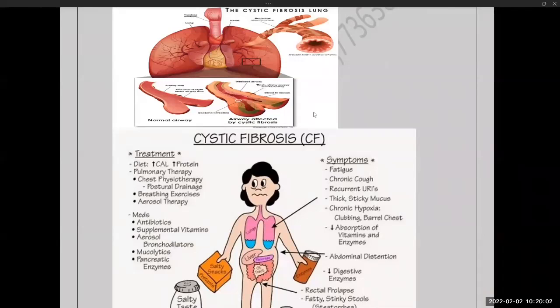And decreased absorption of vitamins and enzymes, abdominal distension, decreased digestive enzymes. So what are the digestive enzymes? See, amylase and lipase and pepsin, trypsin, all these kinds of digestive enzymes are normally produced by the pancreas. So the pancreas is necessary to produce and release digestive enzymes. The pancreas is also considered an exocrine gland. So what happens as a result of this cystic fibrosis?